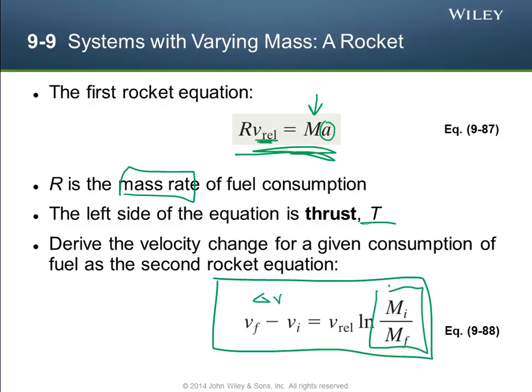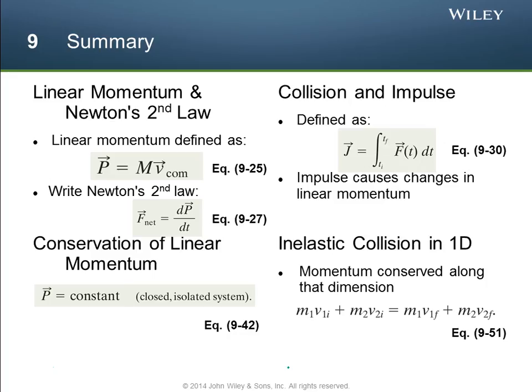So take the natural log of that ratio, multiply by the relative velocity, and that's going to give us the change in velocity of the rocket. Now notice what's happening here. It doesn't matter what the mass of the rocket is, except for the ratio of the initial to final. We can find that change in velocity just by taking that ratio.